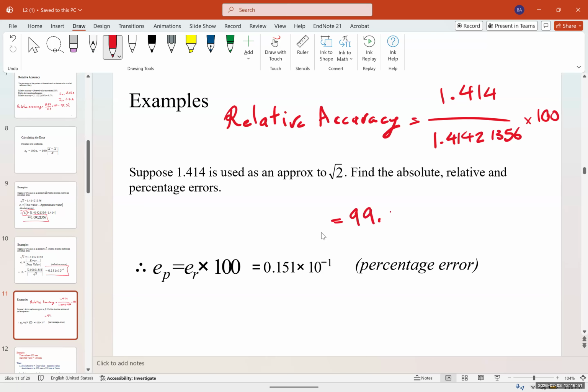Going to be 99.984%. And this is the relative accuracy. I'm going to show it with R.